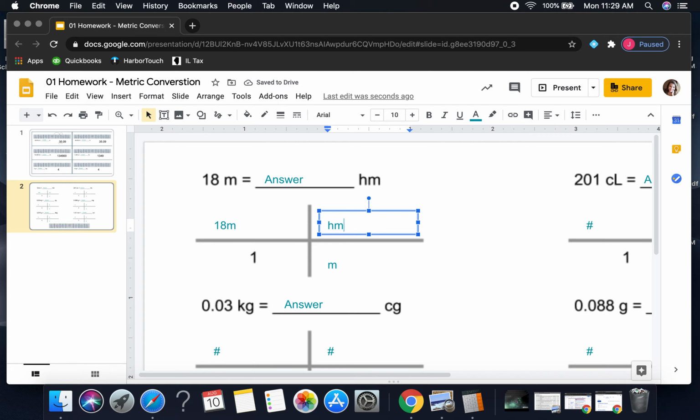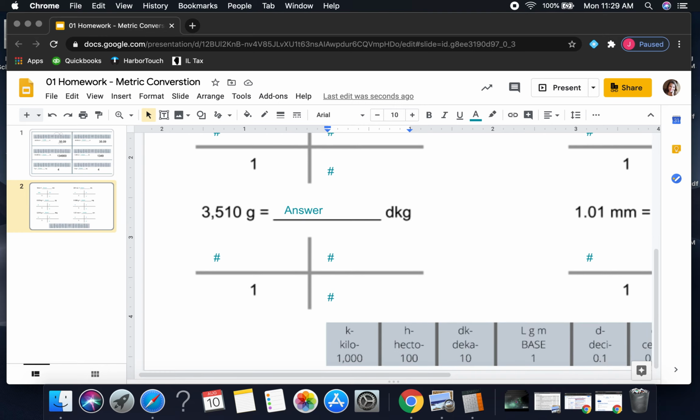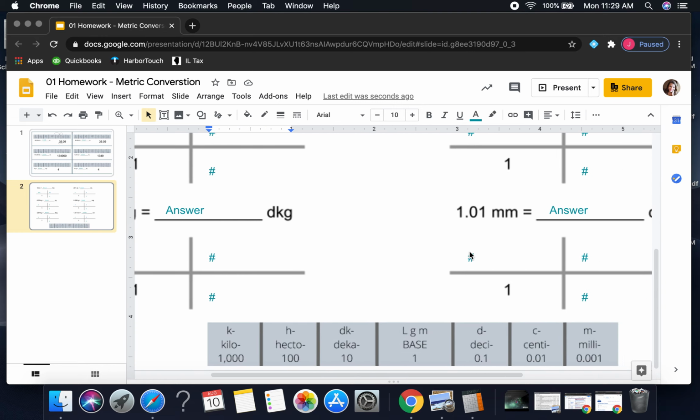If I look down at my scale, we're going from meters to hectometers. So we're jumping 1, 2. If I add 2 zeros to a 1, that would be 100. The number 100 is going to go in front of the unit that's smaller.